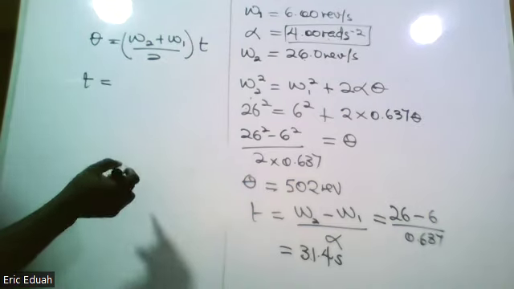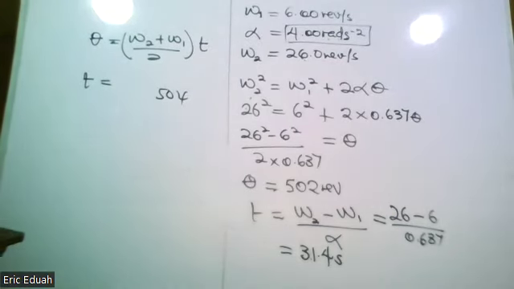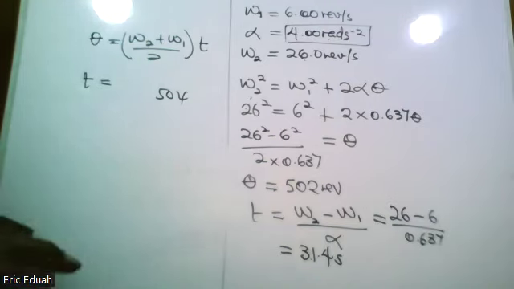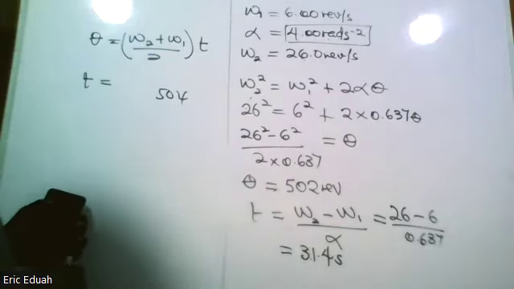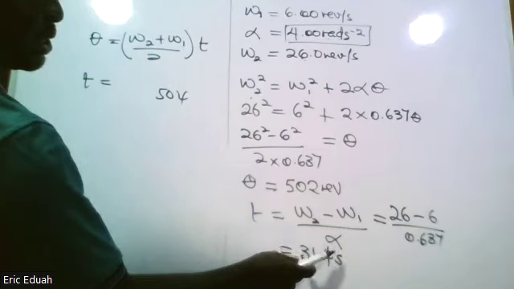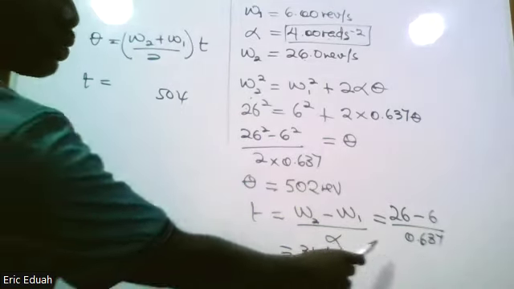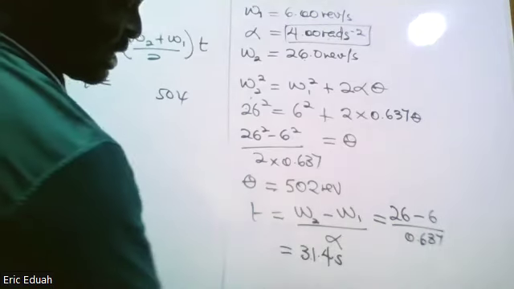Oh, it's correct. The difference simply has to do with the approximation. And it will come from the time, because you have to change the angular acceleration to rev per second.